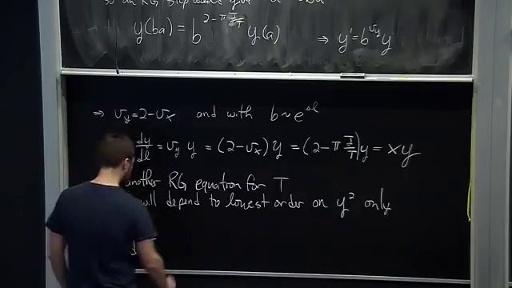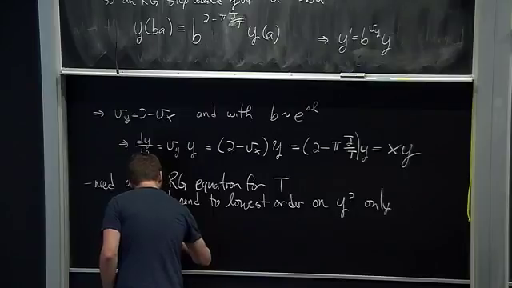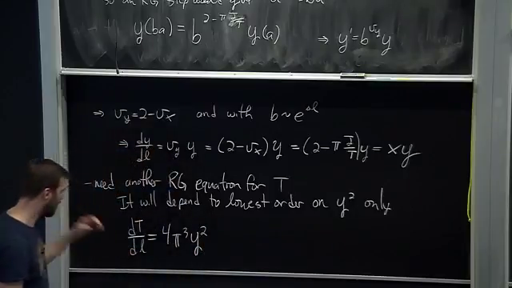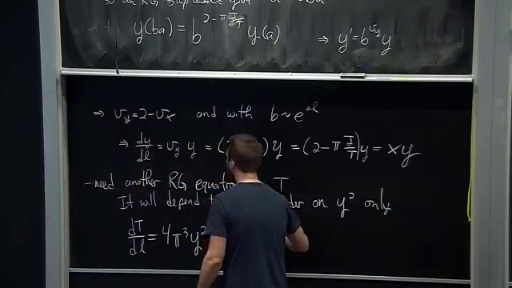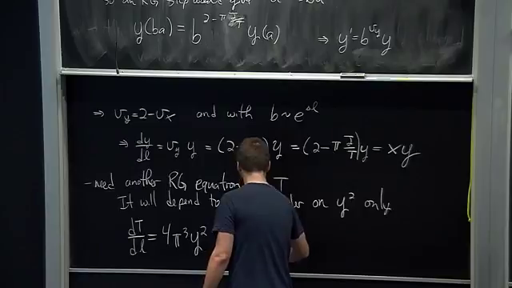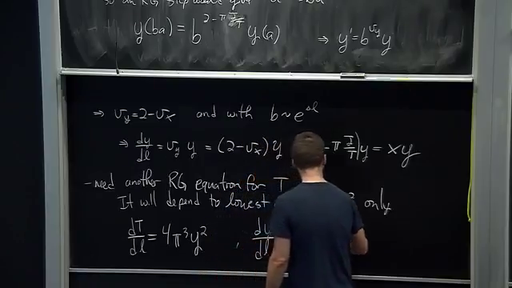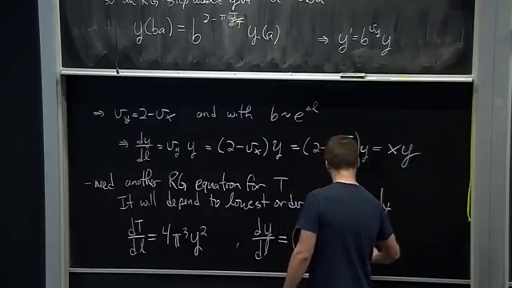For convenience, 4 pi cubed y squared with higher order terms, and dy dl is what? 2 minus pi j over t y.